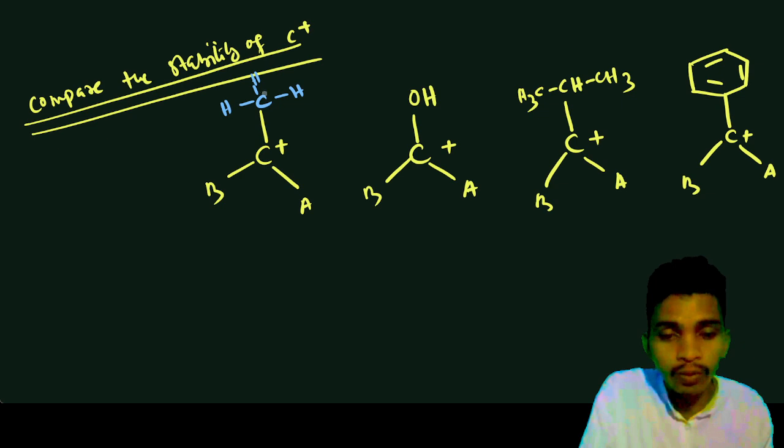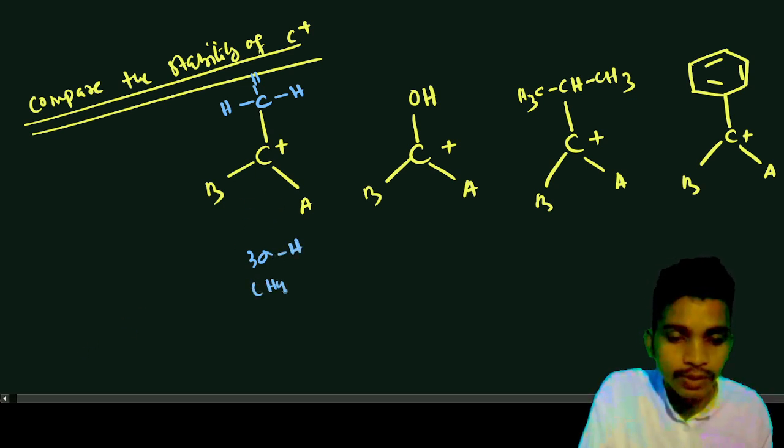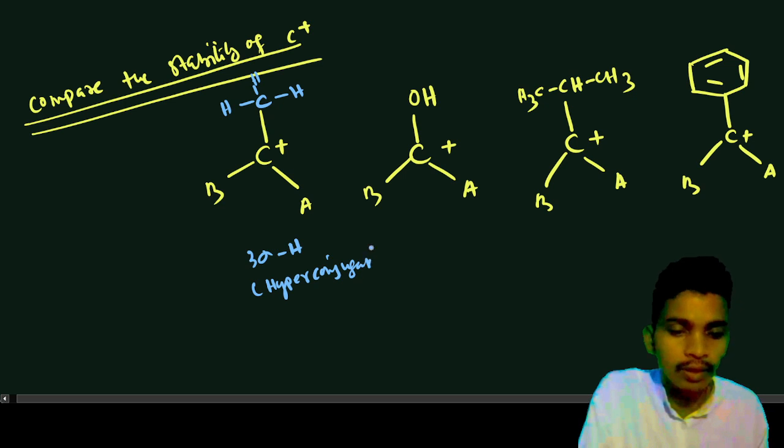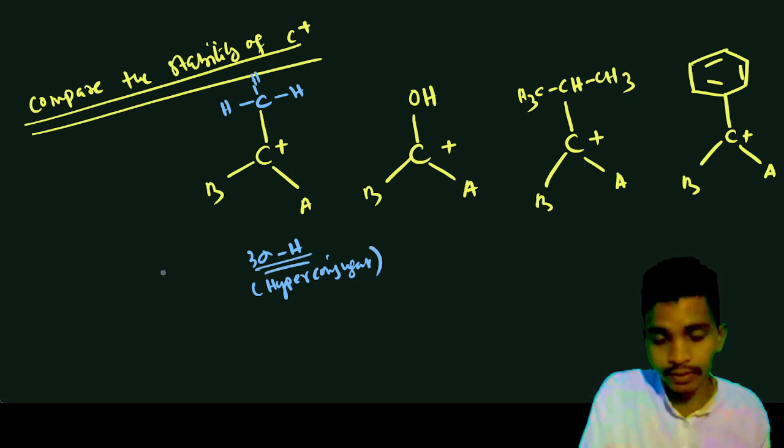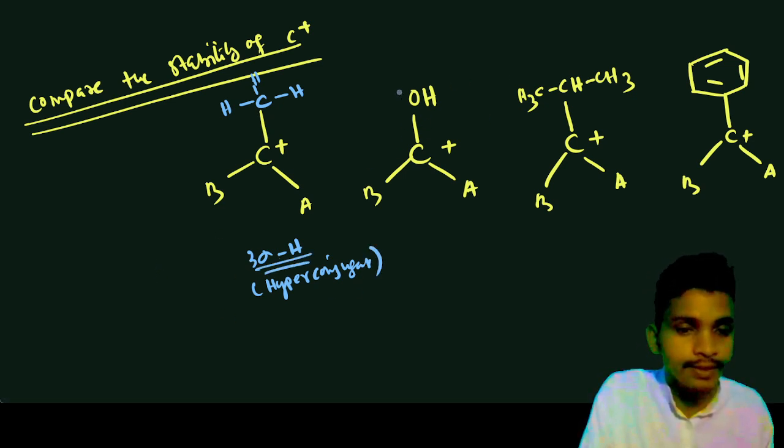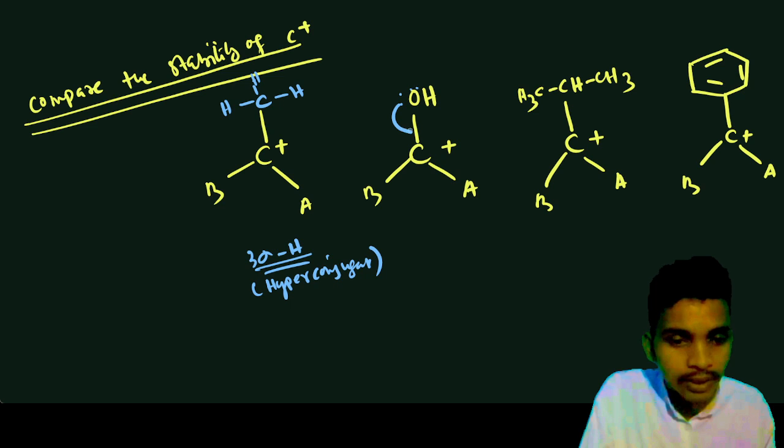Here there are 3 alpha hydrogens, so hyperconjugation is present. Now in the other case, the group has a lone pair, which means it will donate these electrons toward the carbocation. This is the resonance effect.